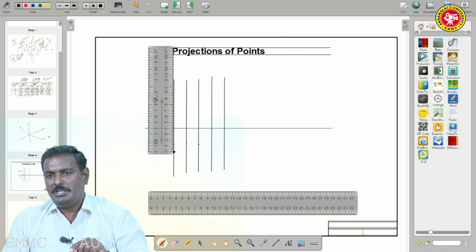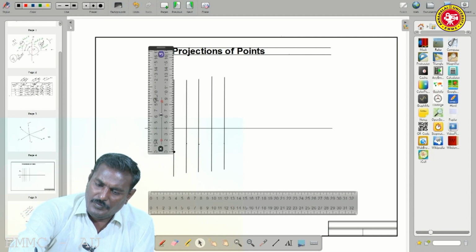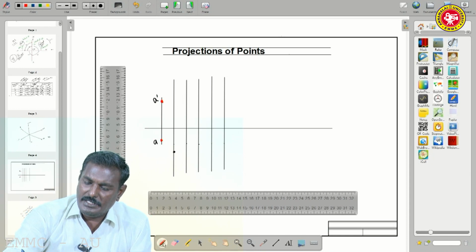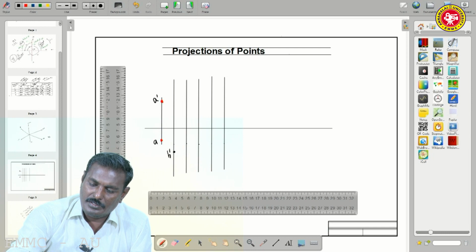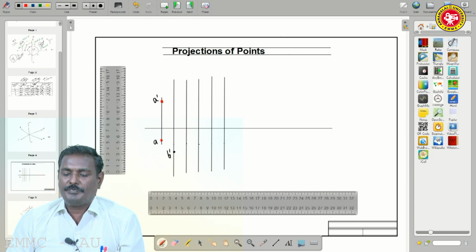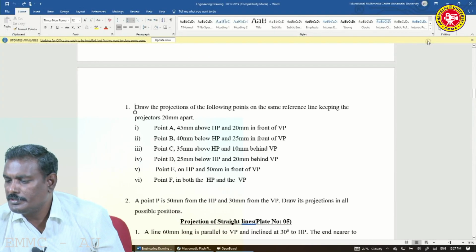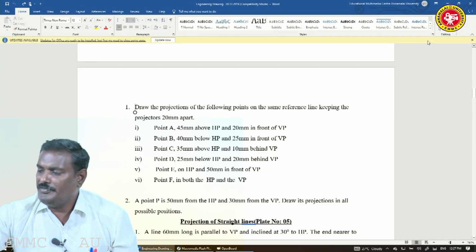Below HP, so what is it actually? This is the elevation, so we represent B dash. Then 25 mm in front of VP.